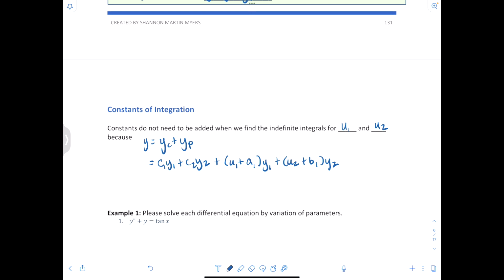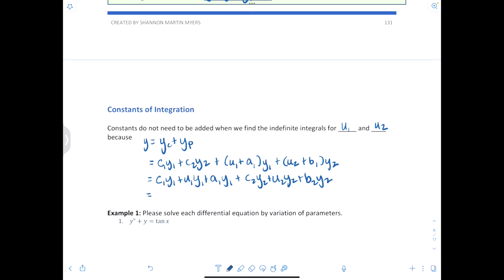But if you group things together here, switching it up a little bit, you'd have something like this: c1 y1, I'm going to put all the y1s together, plus u1 y1 plus a1 y1, and then we'll put the y2s together, c2 y2 plus u2 y2 plus b2 y2.